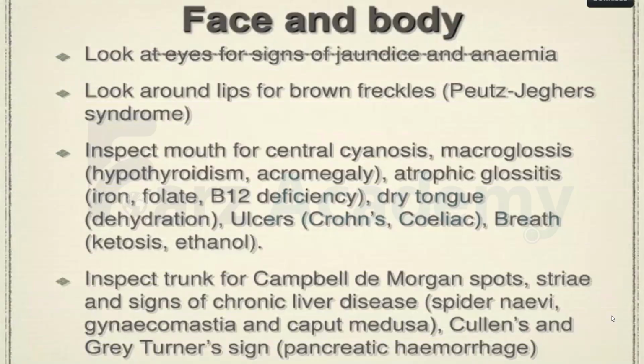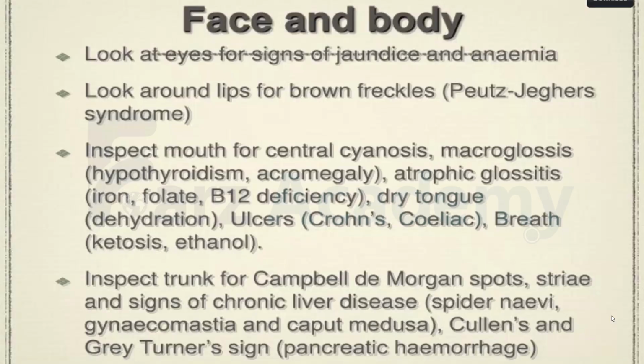But remember, for icterus, it's better to see it on the bulbar conjunctiva, right? And for that, it's better to pull the upper lid with your thumb and ask the patient to look downwards because that is not very well done by a patient himself or herself.